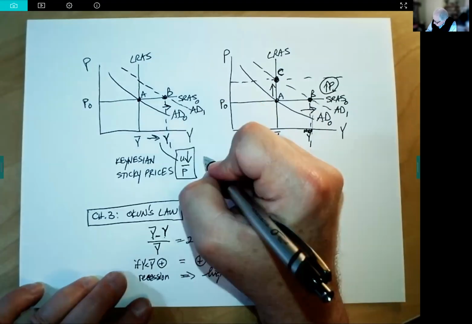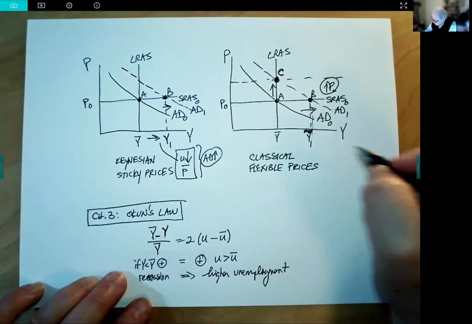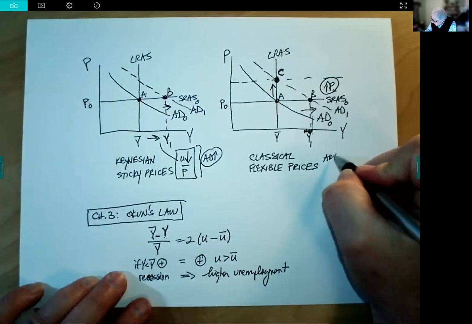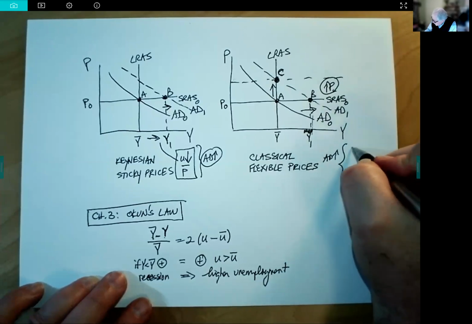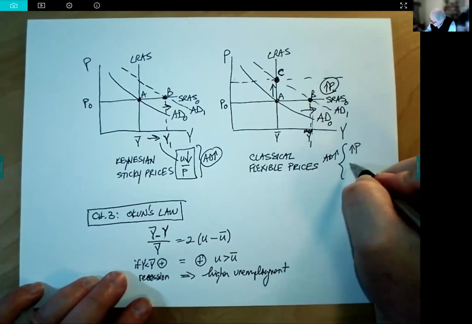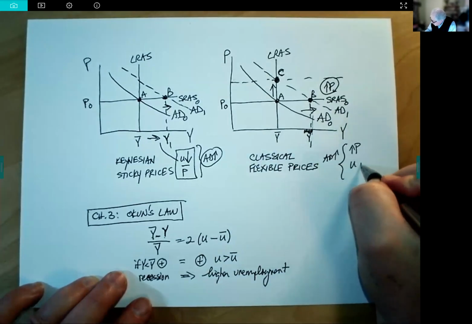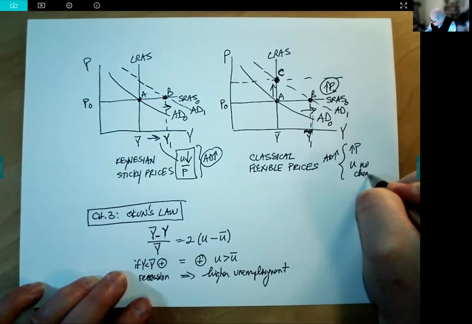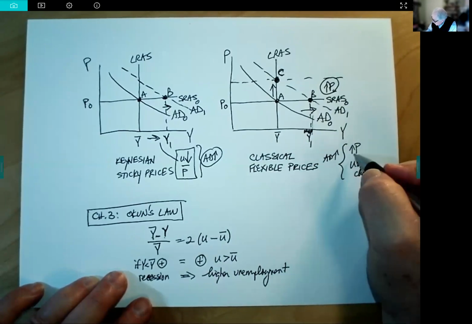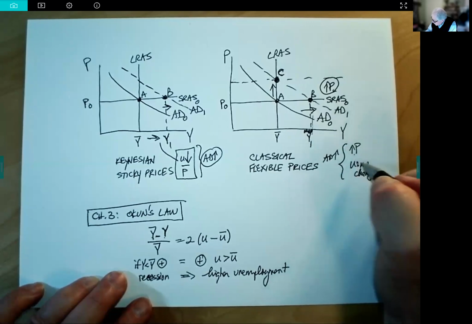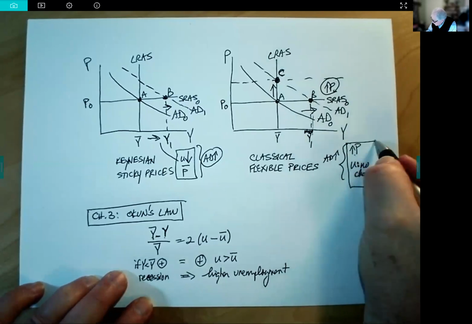We get an increase in the price level, and we're back to potential GDP, so no change in real GDP, no change in the unemployment rate. So we get inflation, but no change in the unemployment rate. There's no trade-off between those two.